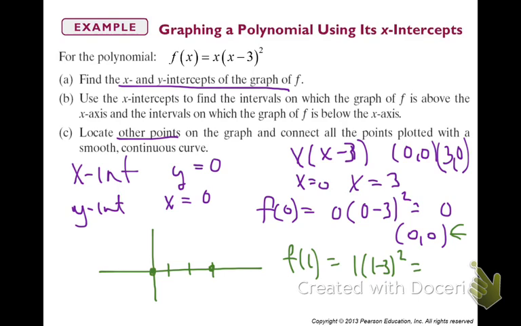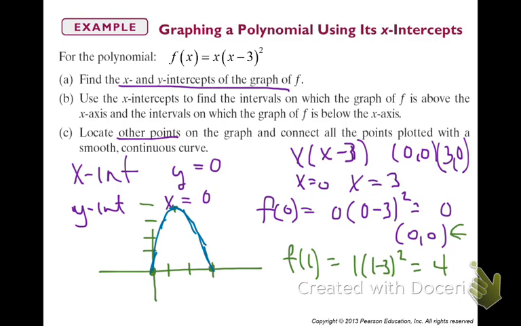Negative 2 squared is 4. So I know at 1, I'm going to be up here at 4. So we now know that we're going to go up here, and we're going to have to come back down because we know we have to hit that 0, right?